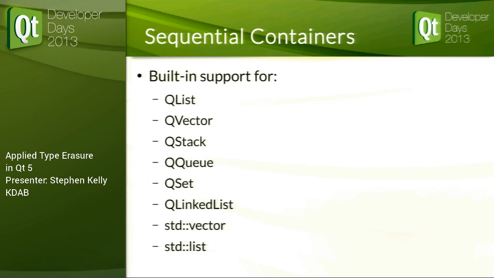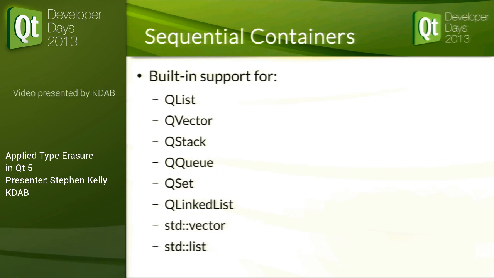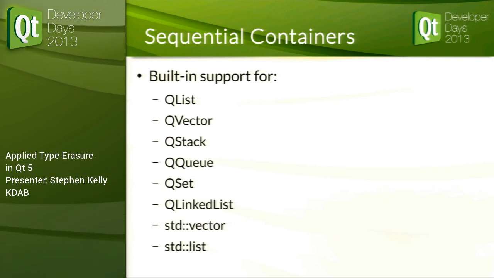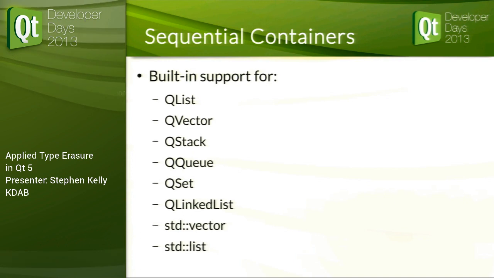With Qt 5.2, you're able to do that kind of iteration over a container inside of a QVariant. If the container is a QList, a QVector, QStack, QQueue, QSet, QLinkedList, and also if it's a std::vector or a std::list.